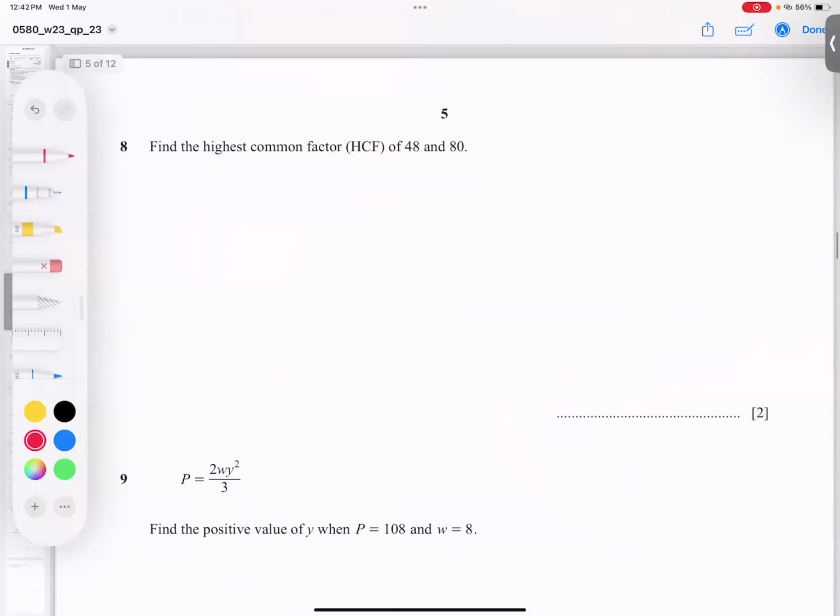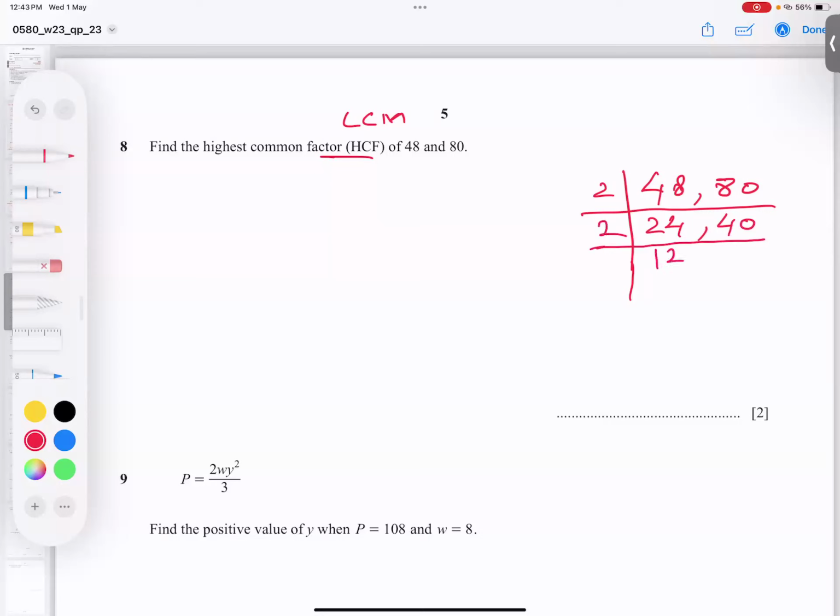Number 8. He is asking for HCF, but I will find another option also, LCM. So let's try to do it. 48, 80. Both are divisible by one common number, that is 2. 2 2s are 4, 2 4s are 8. And 2 4s are 8, and 0 remains as it is. 2 12s are 24, 2 2s are again this one.